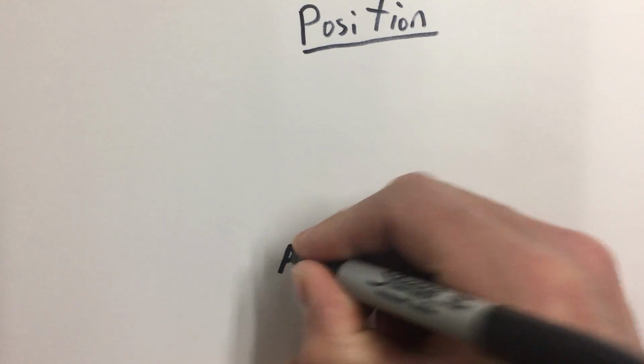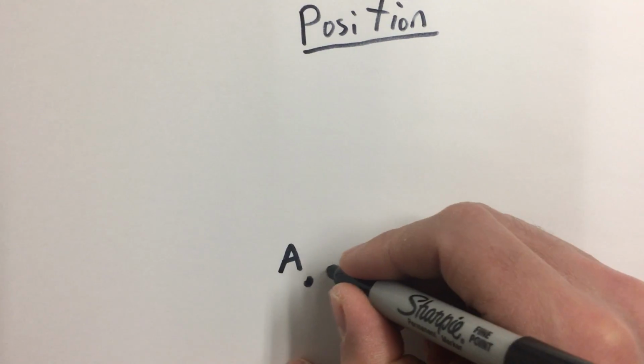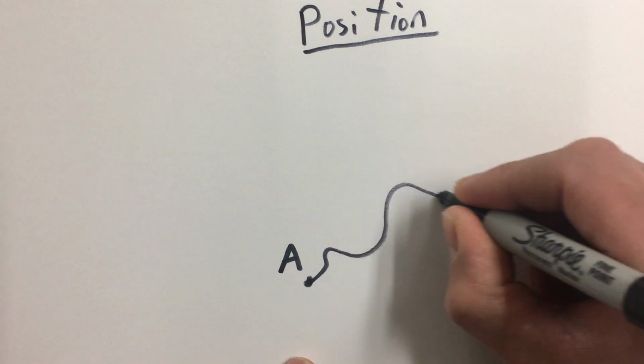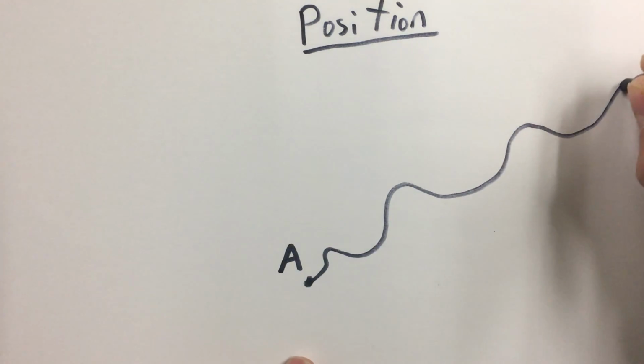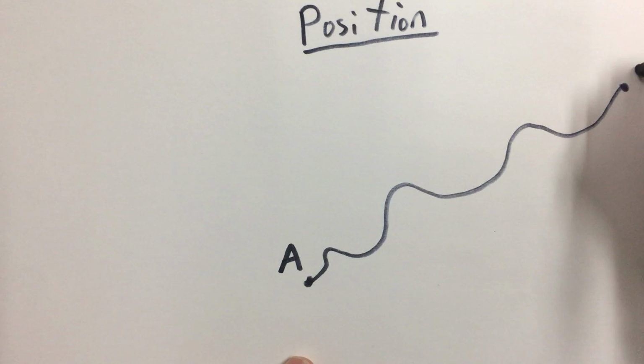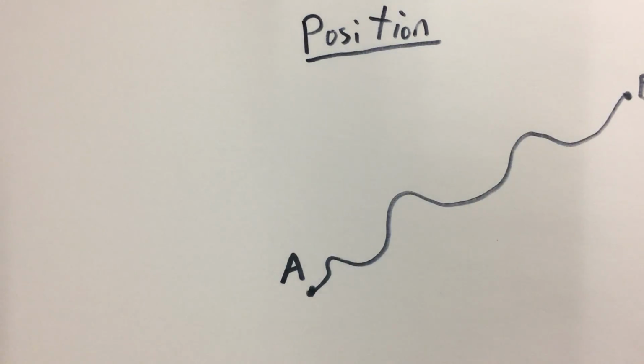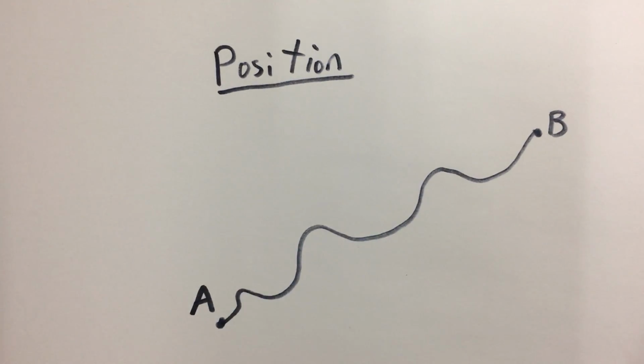Okay, what was the position of the snake? Well, it started out at point A. It followed this snaking path, and it ended at point B. So there are two positions that we could be concerned with.